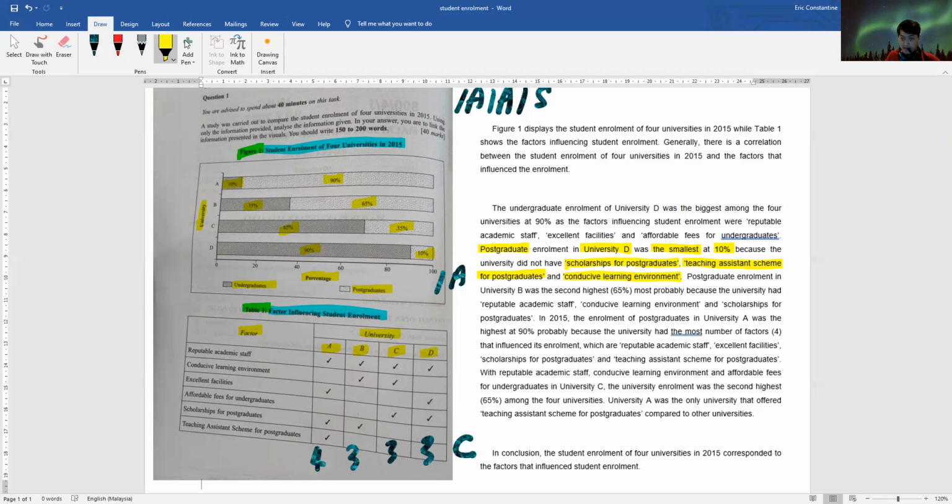Even though it was not mentioned about the two important key features, the postgraduate and University D, I know the second part refers to the same key features. So I actually have another 1A. Interesting, isn't it?